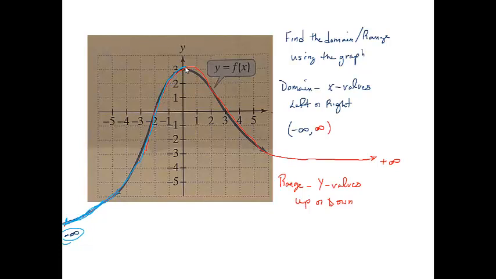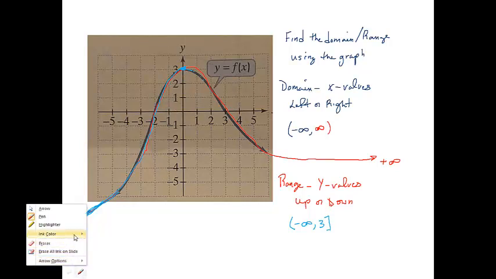And what happens? You hit it at 3, and you start turning back around, right? So the lowest place is negative infinity, and the highest is here at 3. Which means it goes up to 3. Now, realize this is a solid line, so I am including the 3. You must use brackets. Let me actually erase and do it again.